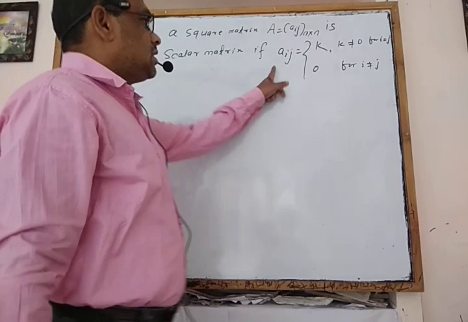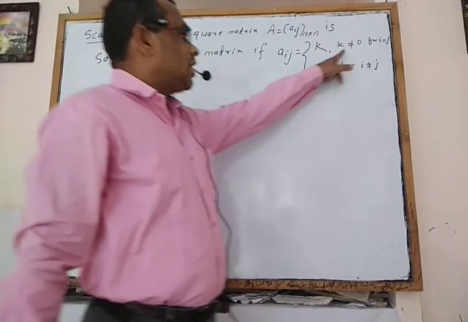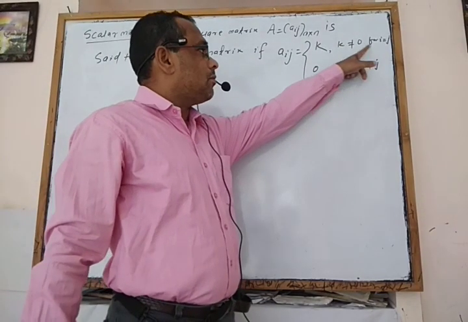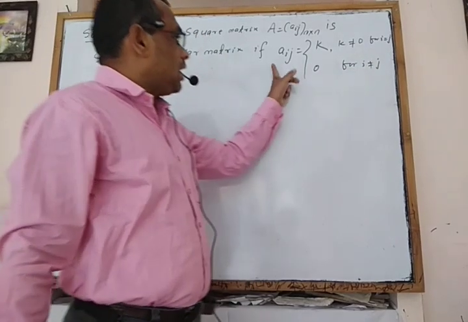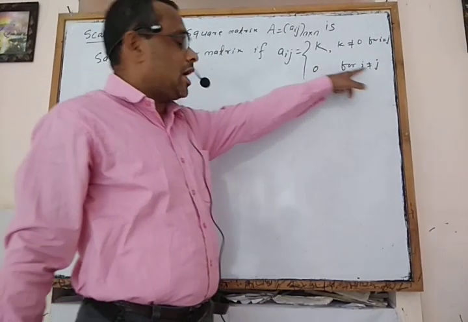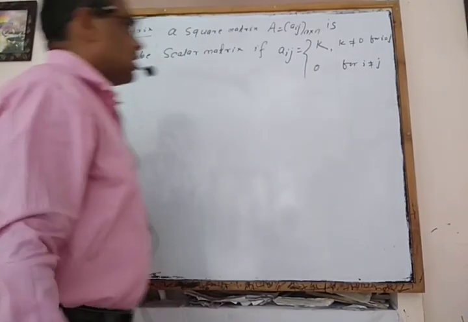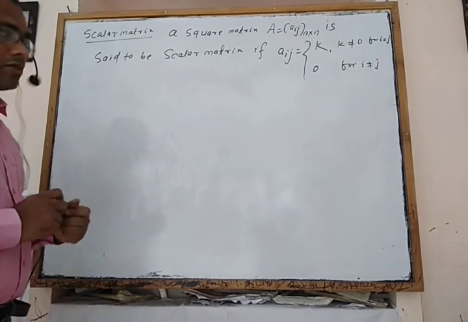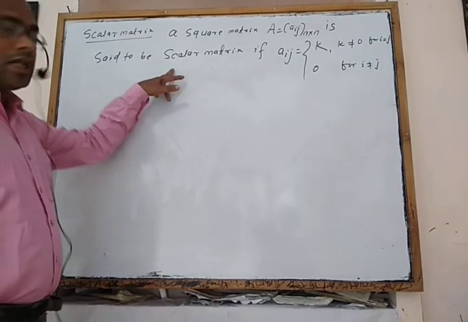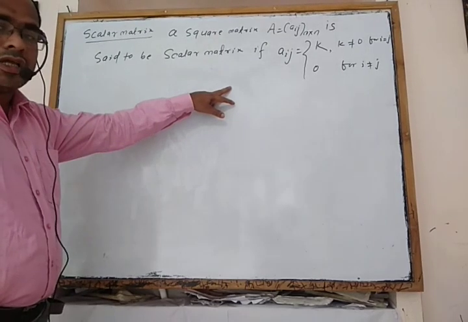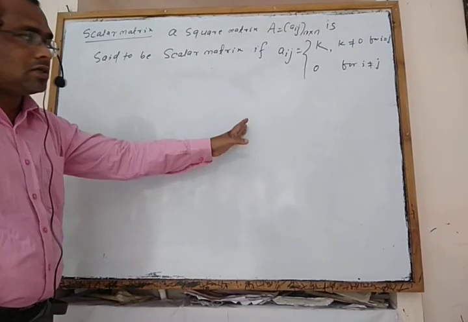That is, aij is equal to k, where k is not equal to 0, for i equal to j, and aij is equal to 0 for i not equal to j. That means all the diagonal elements are the same and non-diagonal elements are 0.